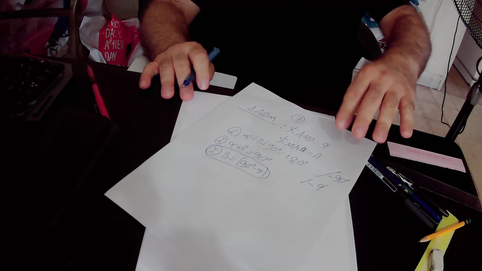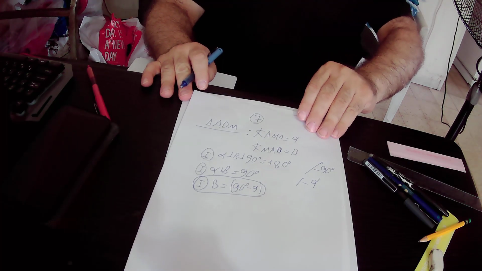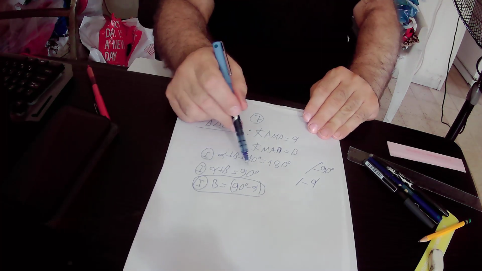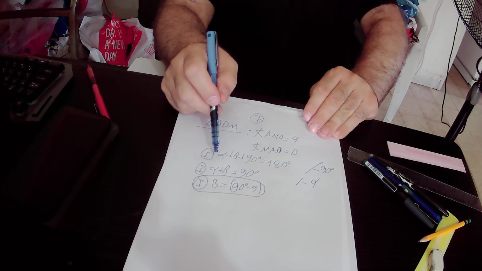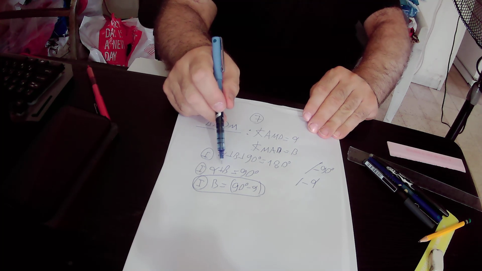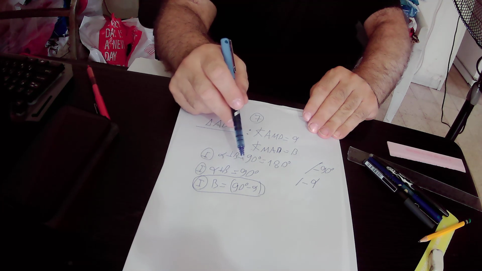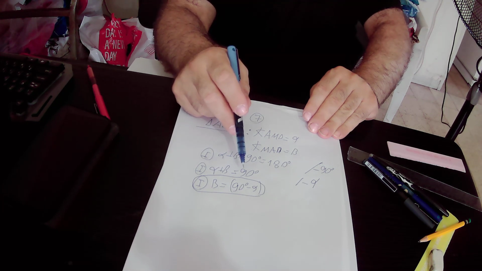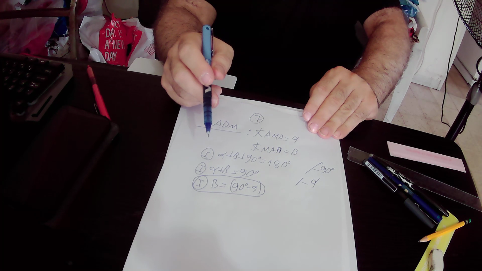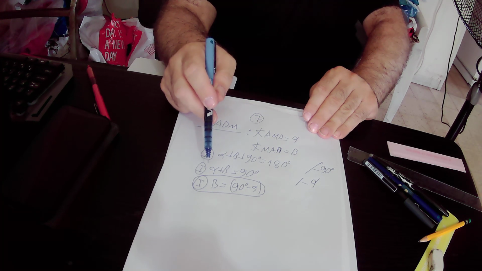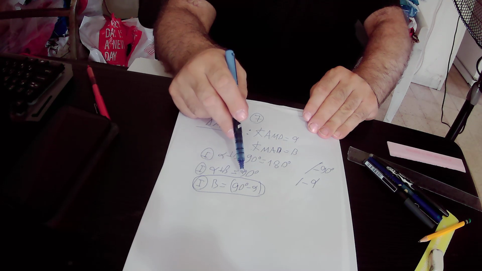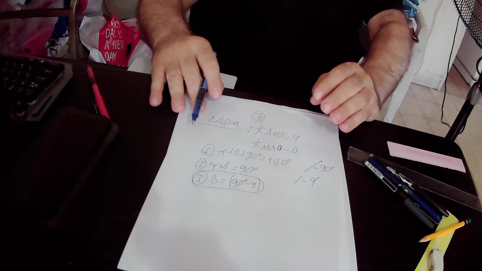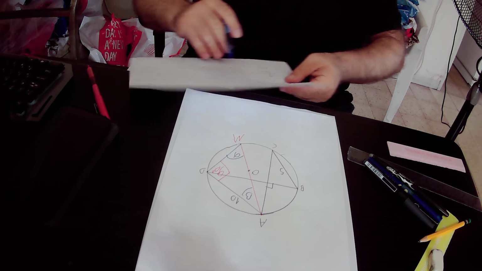So we subtracted alpha from equation number 1. We got that alpha plus beta minus alpha equals beta, and 90 degrees minus alpha equals 90 degrees minus alpha. So we got equation number 1 that states that beta equals 90 degrees minus alpha.